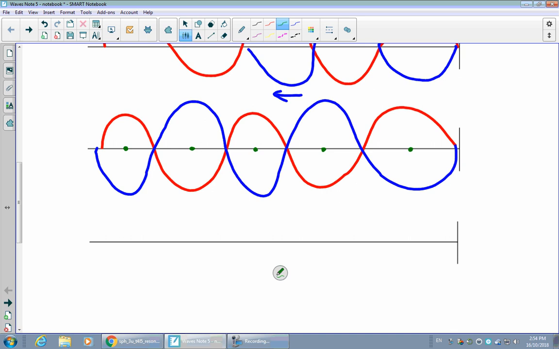And so when all of these pulses are perfectly lined up, where every crest from the original pulse lines up with the trough of the reflected pulse and vice versa, we get destructive interference not just from those particular pulses, but we get destructive interference through the entire thing. So this is an example of a destructive interference pattern, and that's why we're seeing these nodes being set up.